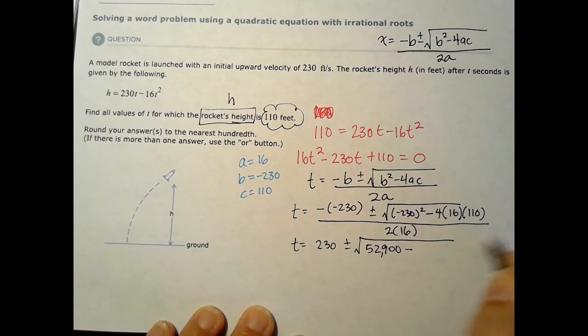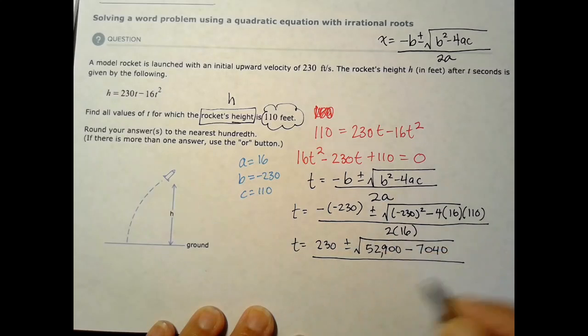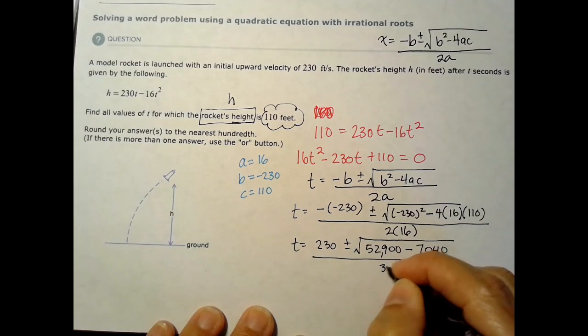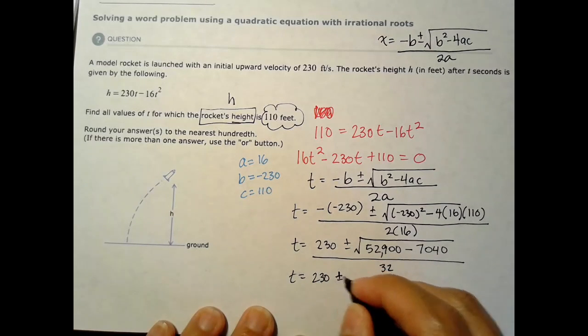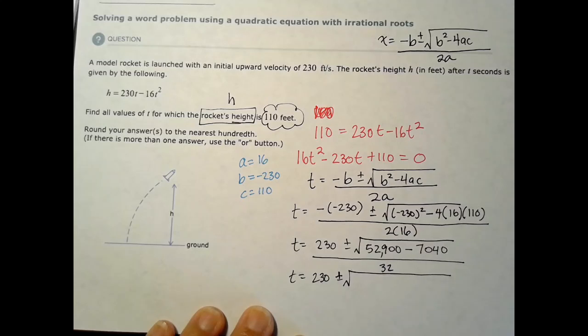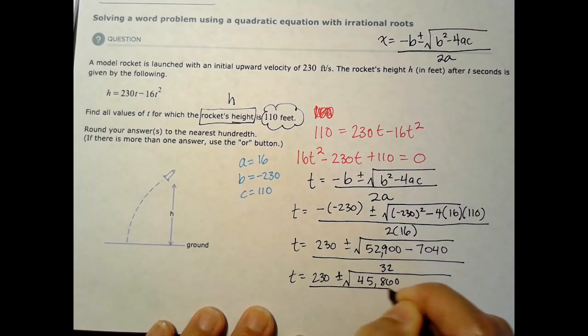Then minus 4 times 16 times 110, which is 7,040, and that's over 2 times 16, which is 32. So my time is 230 plus or minus the square root of, and now you just subtract 52,900 minus 7,040, and you get 45,860, and then that's divided by 32.